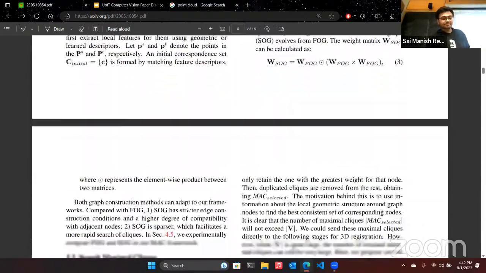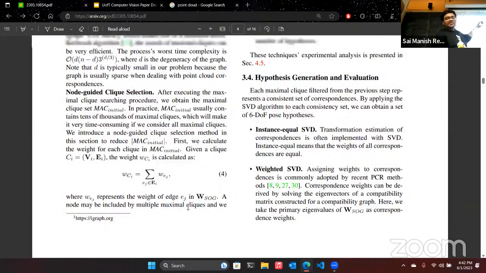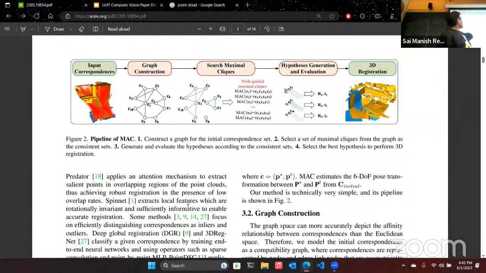Then to find which cliques are useful for us and which are not, we use node-guided clique selection. For each clique, depending on what the inlier ratio is, it gives them a score from 0 to 1, essentially giving them weight.